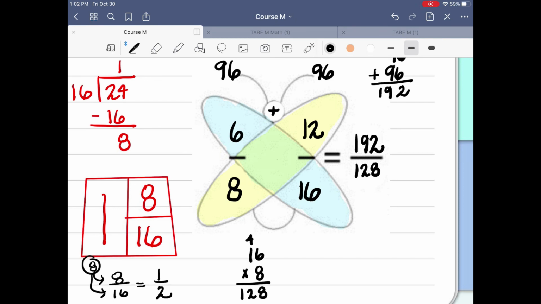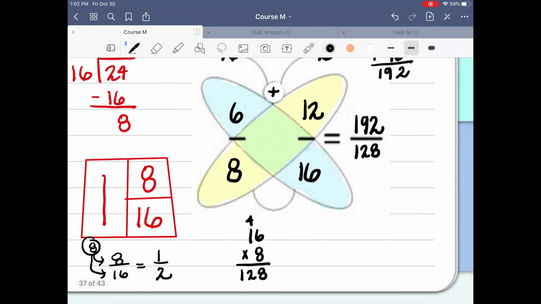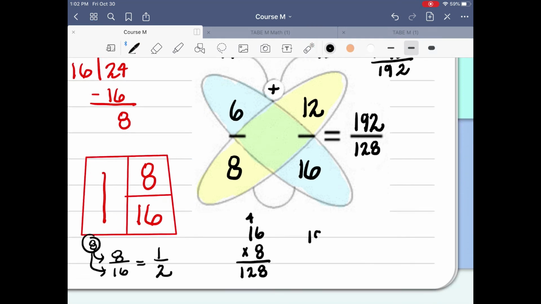This is the reason I don't like the butterfly on this one. This is not the lowest common denominator, and that's why this is so hard to work with. If you get your lowest common denominator, you won't have these enormous numbers to deal with. But let's finish this one. We can do this.